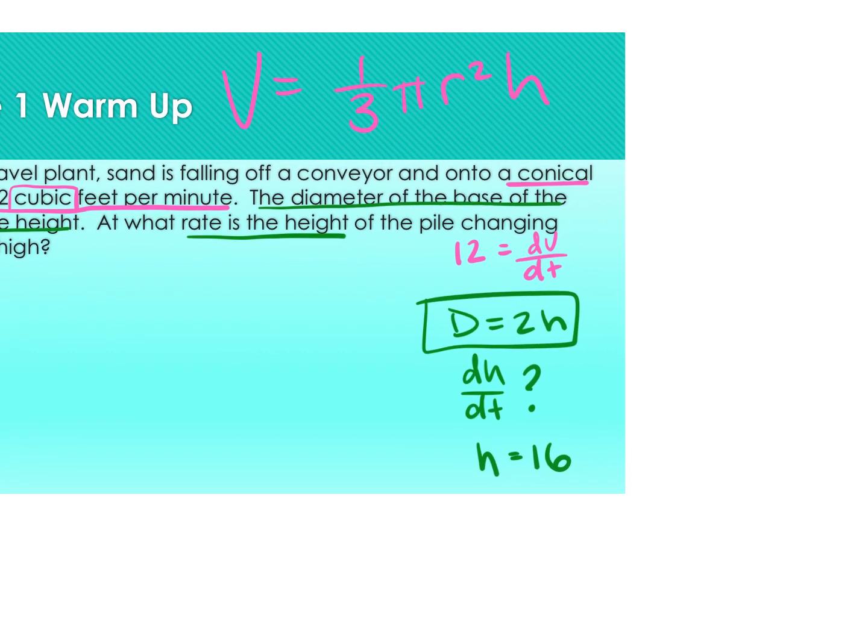So if d is equal to 2h, there's no r in this. How can we relate it to r? D is 2 times r, so we could say 2r is equal to 2h.